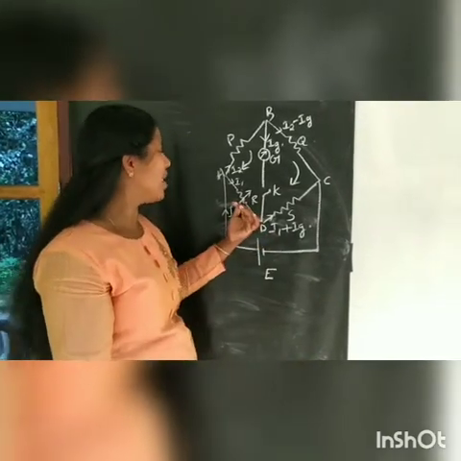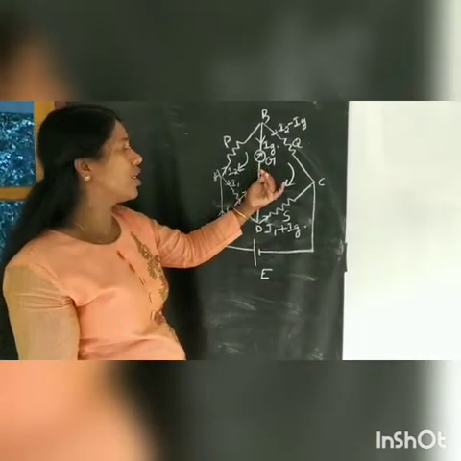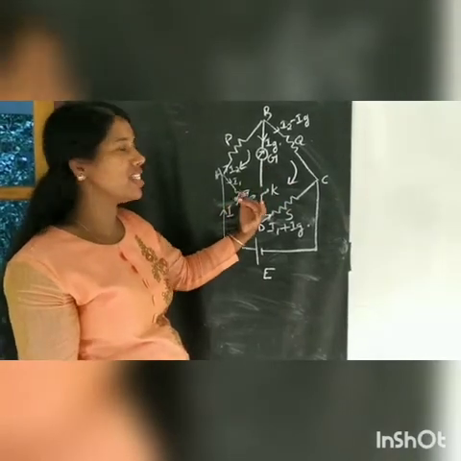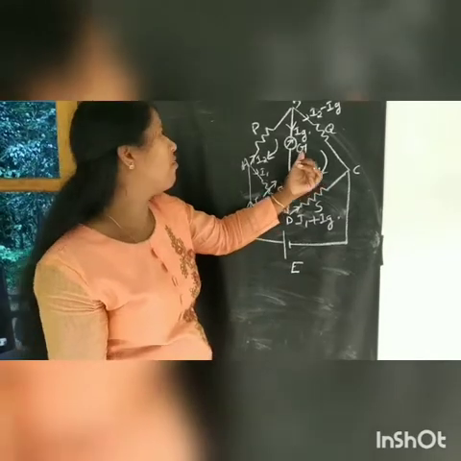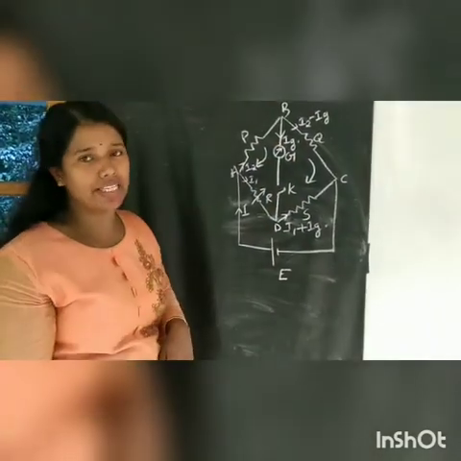Then again we have to adjust this variable resistor until the galvanometer shows zero deflection. Zero deflection means this bridge is balanced.